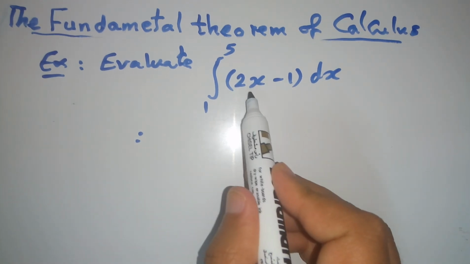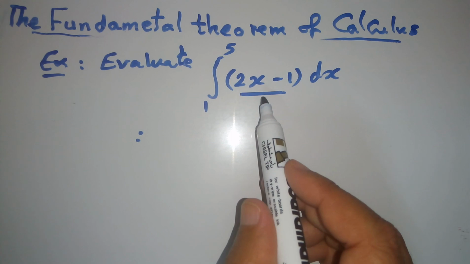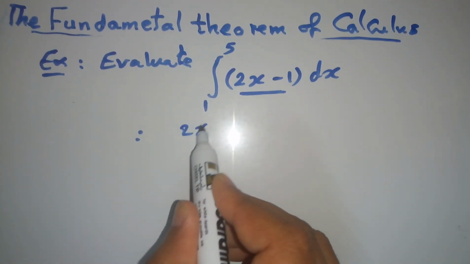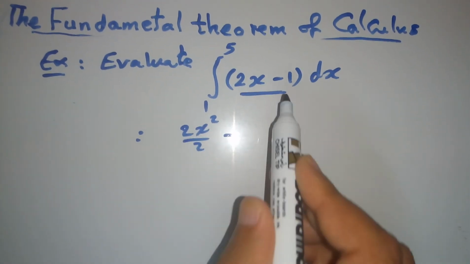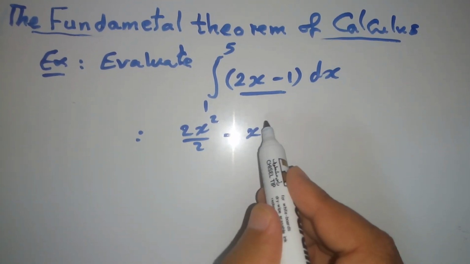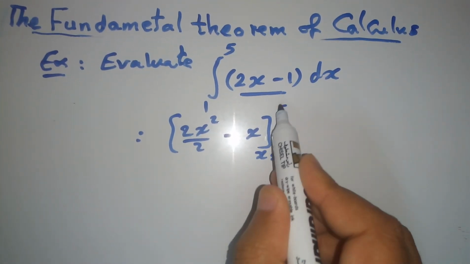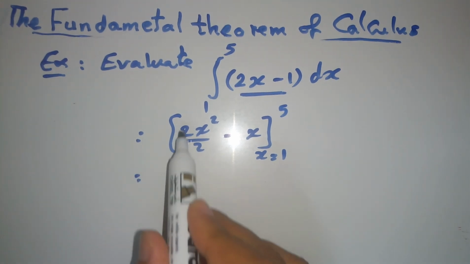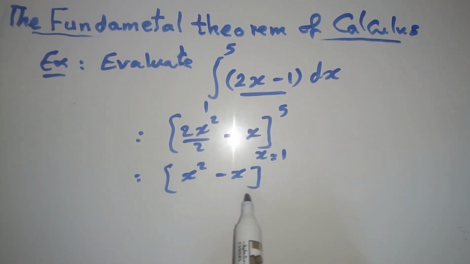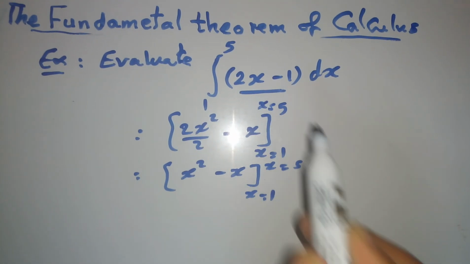You will apply the power rule for integration. For 2x, its integral is 2x squared divided by 2. 1 is a constant, you will multiply it by x. Then from x equals 1 till 5. 2 divided by 2 is 1, so x squared minus x from x equals 1 till x equals 5.